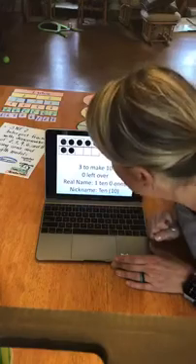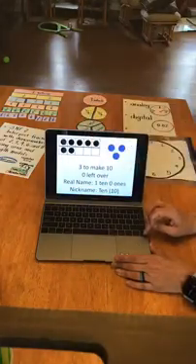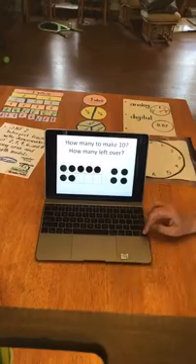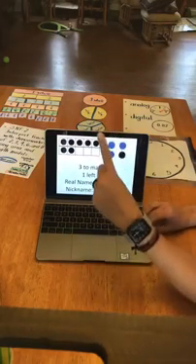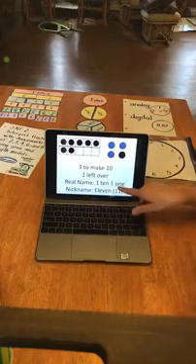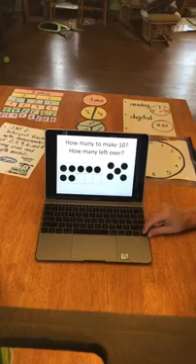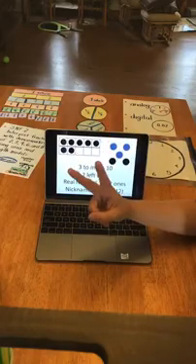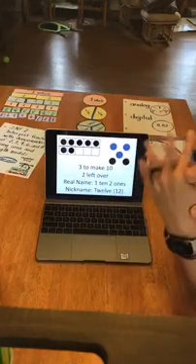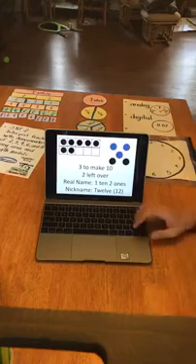That means it's 1 ten and 0 ones. We call that 10. Left over. 1 ten, 1 one. With 2 left over, that's 1 ten and 2 ones, also known as 12.